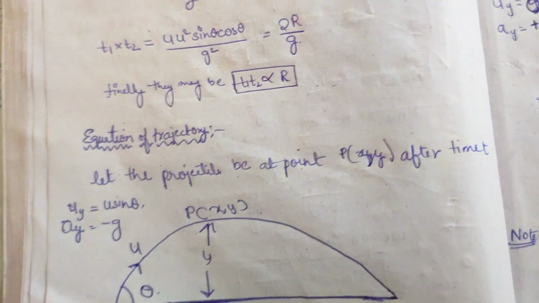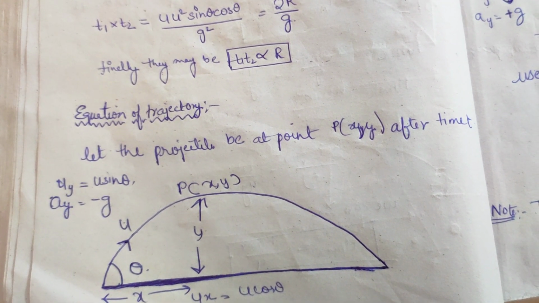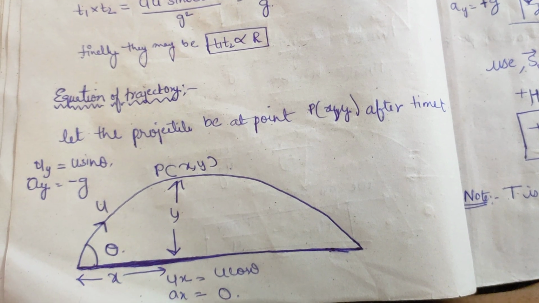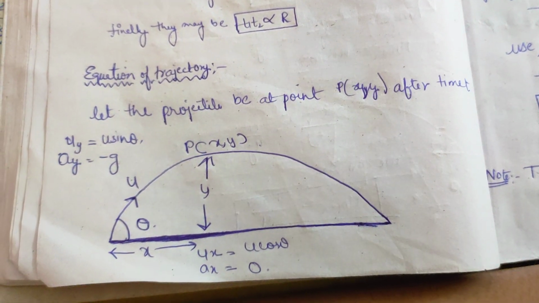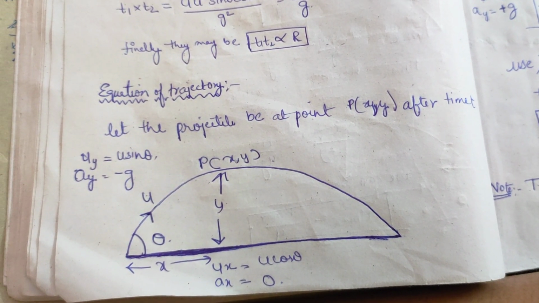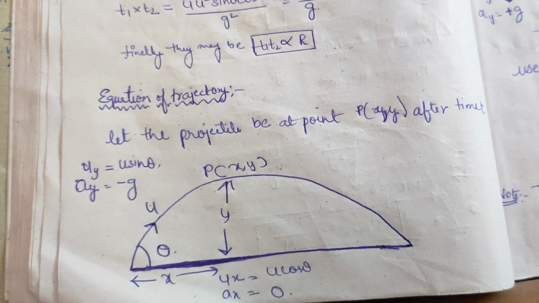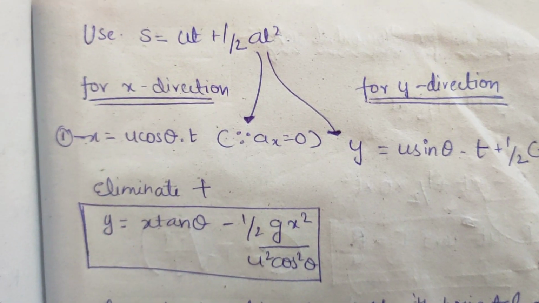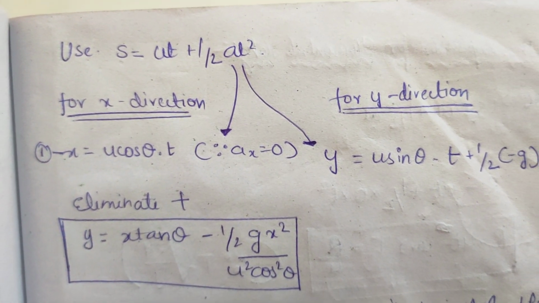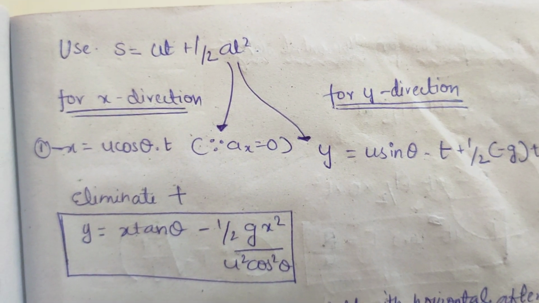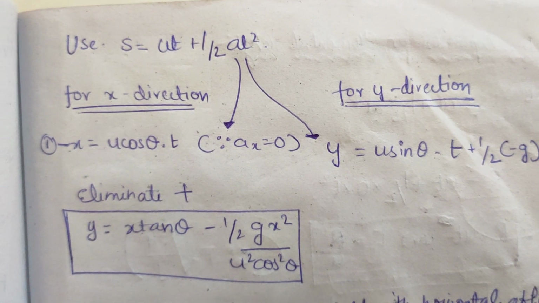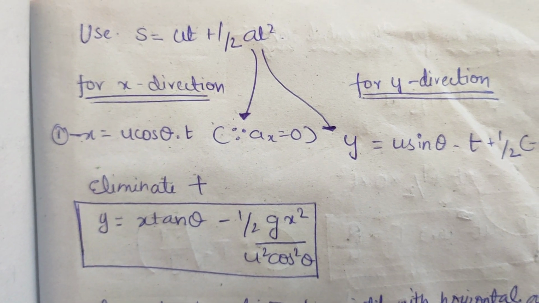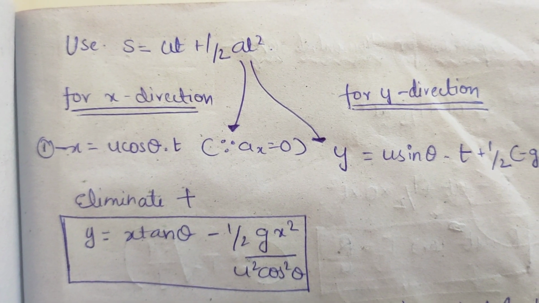Now let us discuss the equation of trajectory. Let the projectile be at the point P (x, y) after time t. uy equals u sin theta, ay equals minus g, and ux equals u cos theta, ax equals 0. Here use the formula s equal to ut plus half at square for the x direction and for the y direction. For the x direction, x equals u cos theta into t, since ax equals 0.